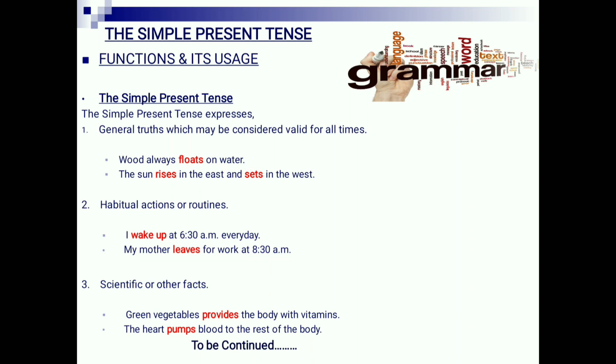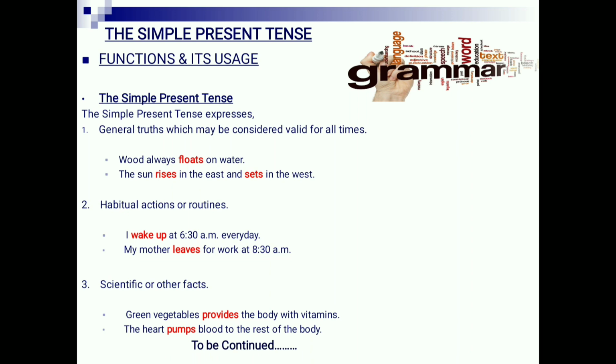Like I go to school daily, or my school starts at 7 a.m., or I go to play daily. Means you can use daily routine here, and that time you can use simple present tense.